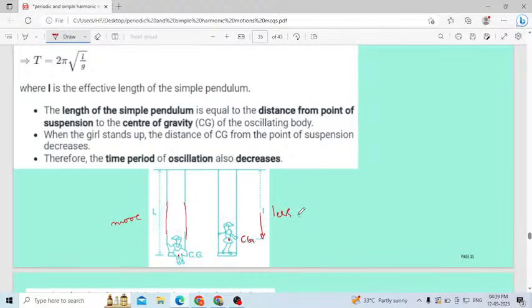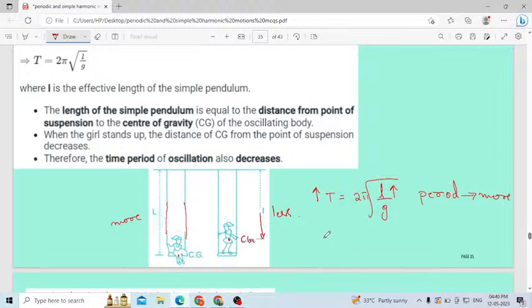According to the equation T equals 2 pi root L by g, in the first case the length will be more, then the time period also will be more, because the length of the string is directly proportional to the time period.